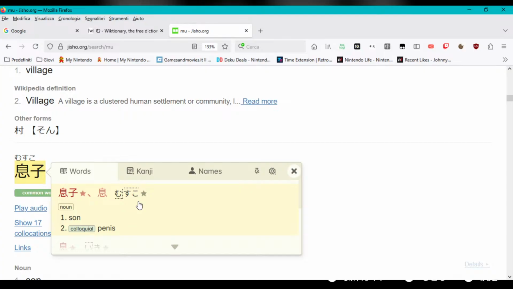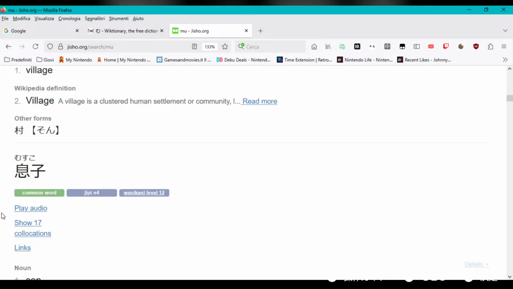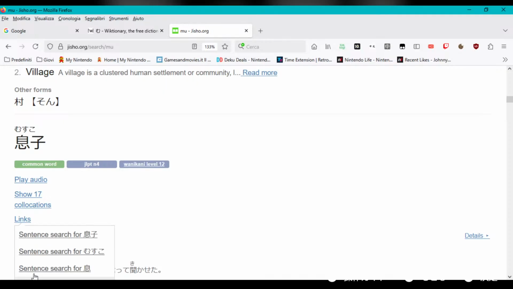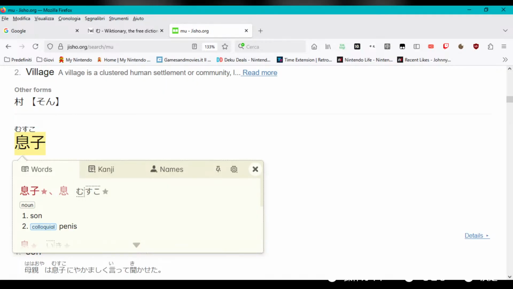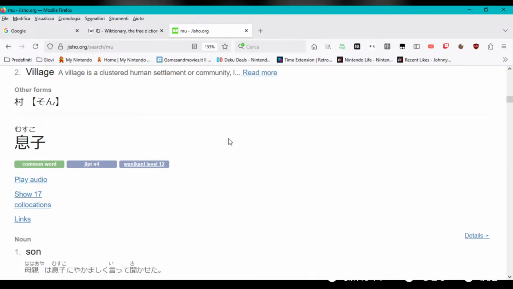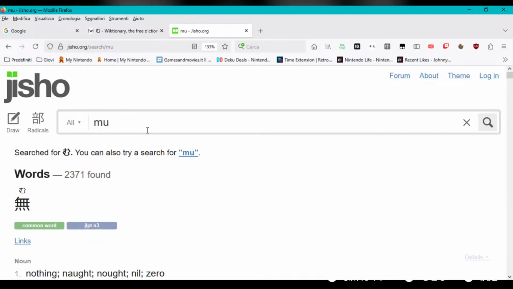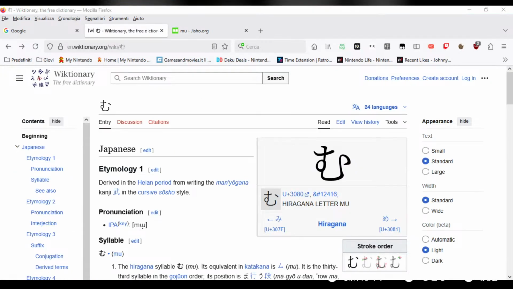Musuko, unaccented. And the meaning usually is son. Musuko. Okay, you can stop here and go back to Super Mario Bros.